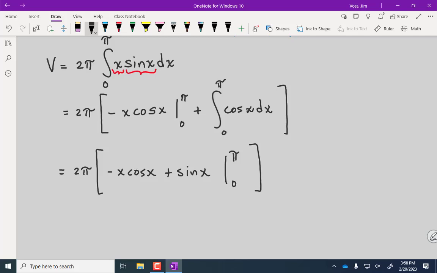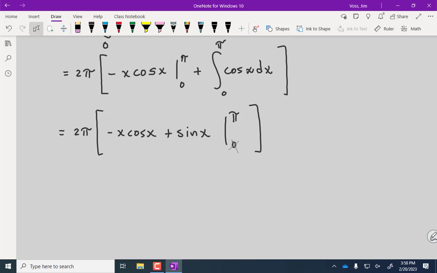The uv has to be evaluated on the interval 0 to pi, and then whatever the integral of this is has to be evaluated 0 to pi. Right away we notice that 0 is not doing much. Plugging in 0, both terms become 0. Sine of 0 is 0. 0 times anything is 0. So 0 we can kind of ignore.